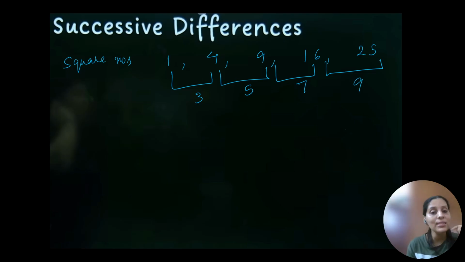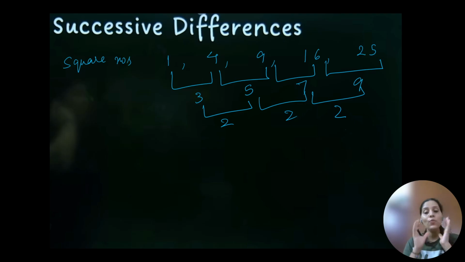Now, what are the differences again? 2, 2, 2. So what I'm trying to show is that for the square numbers, when you keep on finding the differences, at one level all the differences will come out to be the same.